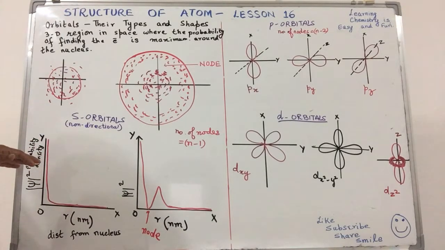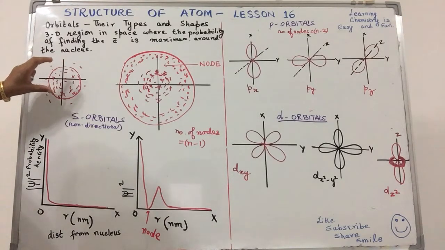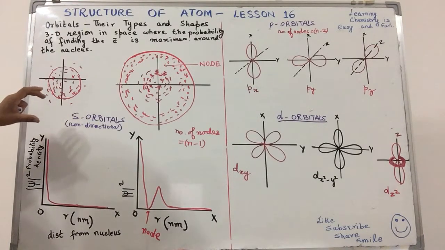Now the quantum mechanical model is based on the de Broglie concept of wave particle duality, that is the electron behaves like a wave as well as a particle, and it is also based on Heisenberg's uncertainty principle, which says that you cannot exactly define or exactly say where the electron will be located.